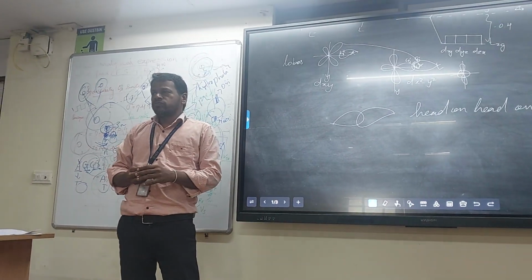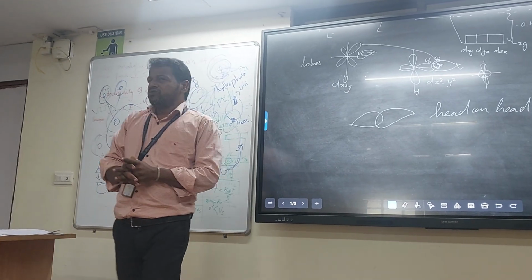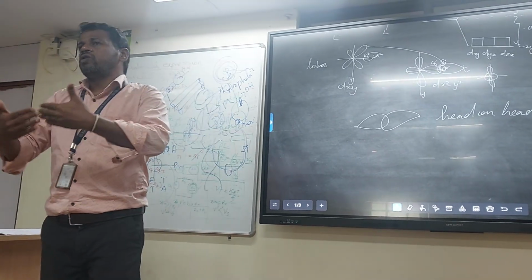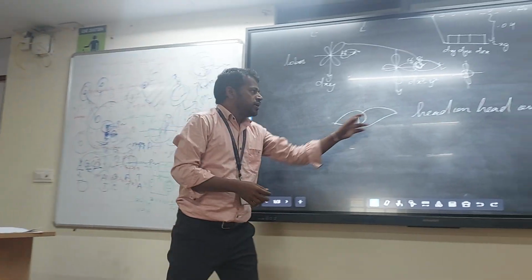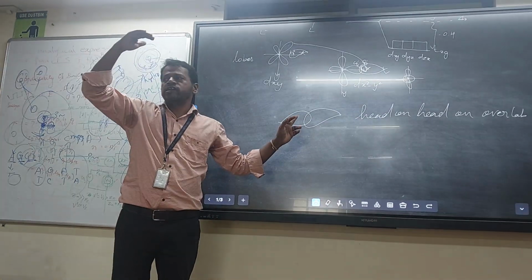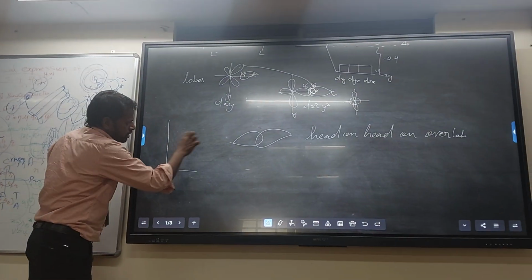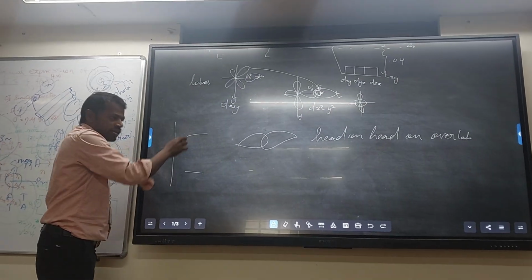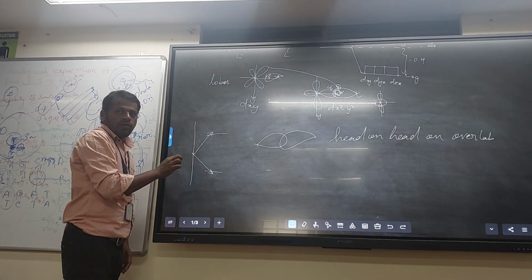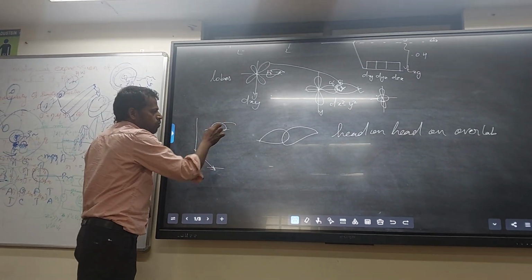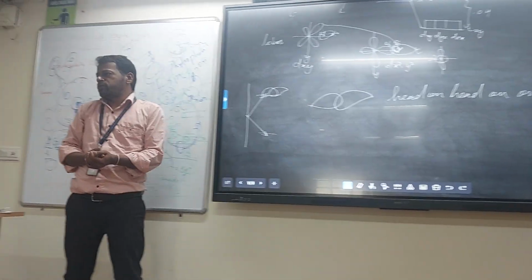You know what head-on overlap and side-on overlap are. This is head-on overlap, always higher energy only. You know the energy diagram: if there is lower energy and higher energy, the first electron goes here, the next one goes here. This head-on overlap of the central metal atom with your ligand is not preferable.